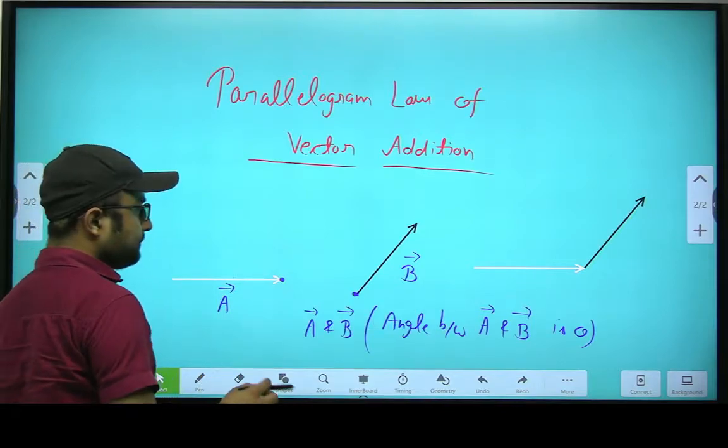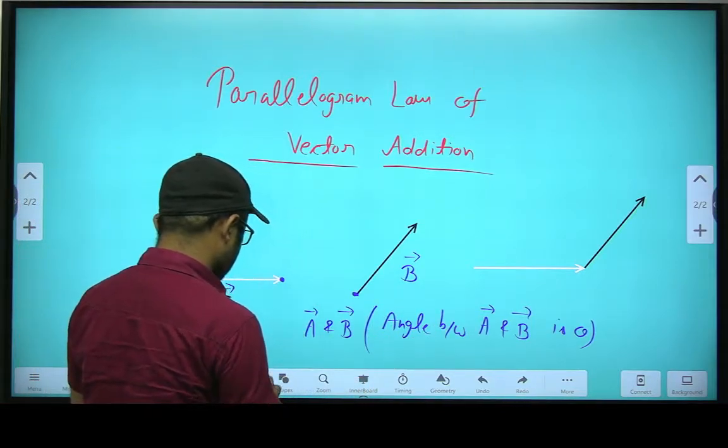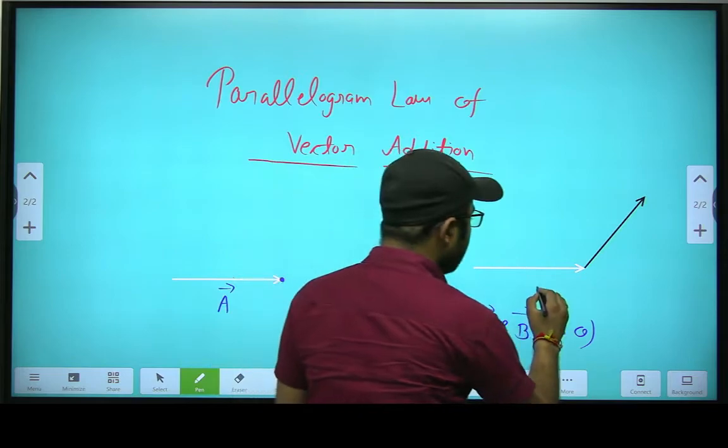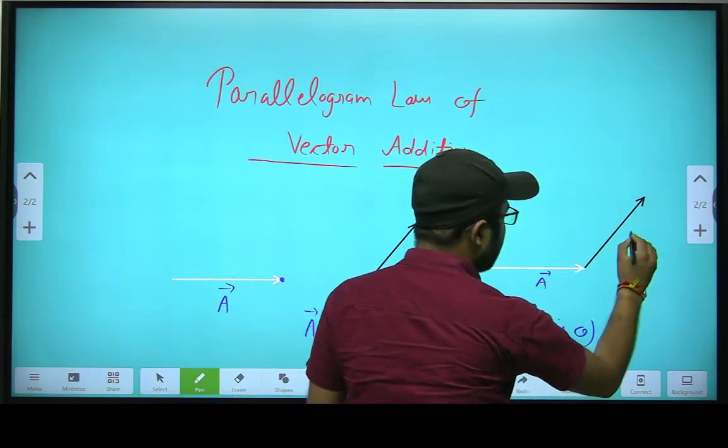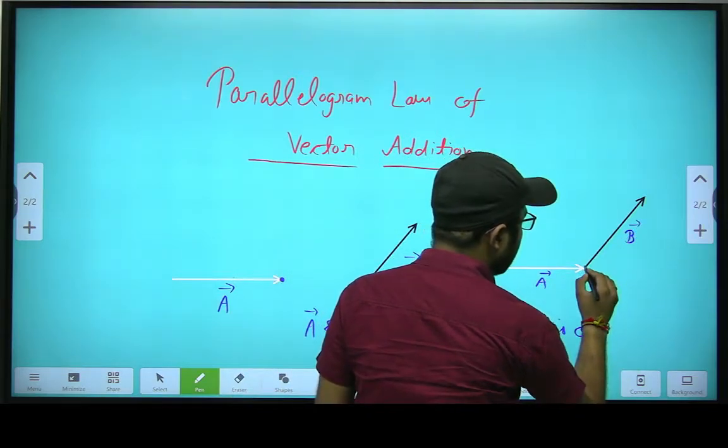Vector A, this is vector A, and another one, this will be vector B, and this will be the angle theta.